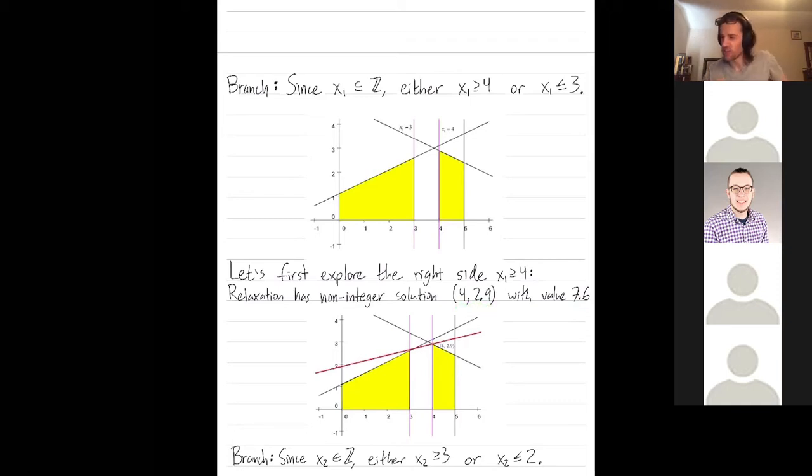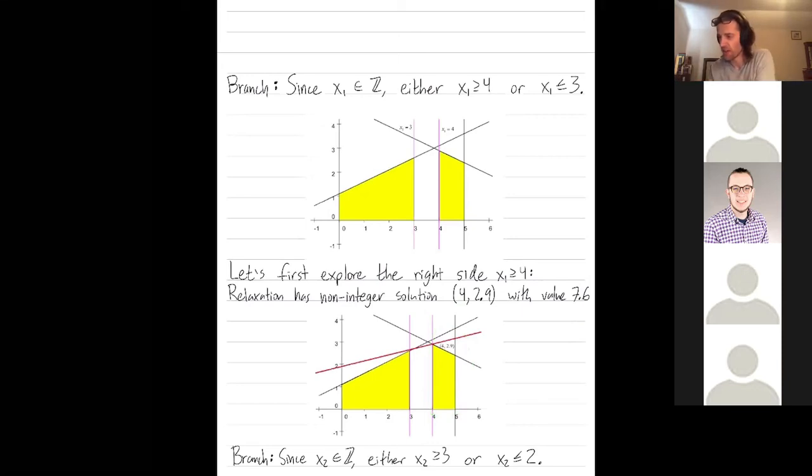But notice that doing the split, not at 3.5, but instead at 4 and 3, it at least made the x coordinate integer. So as you do these splits along integer coordinates, you're promoting that it's more and more likely to get more and more integer coordinates in your solution. So we're still just considering only the right-hand side. We're now going to do a split in the x2 direction, or the y direction.